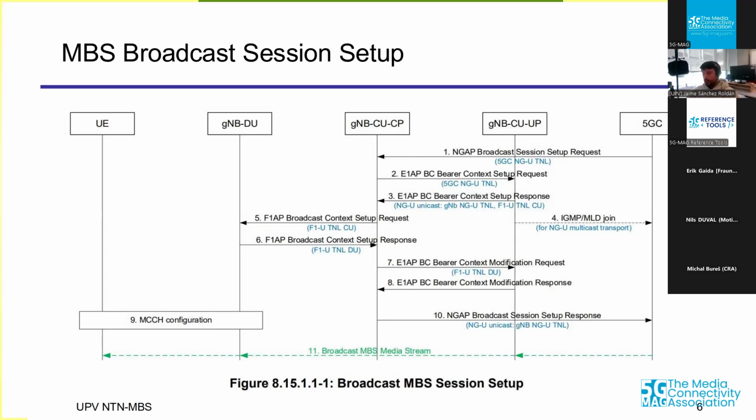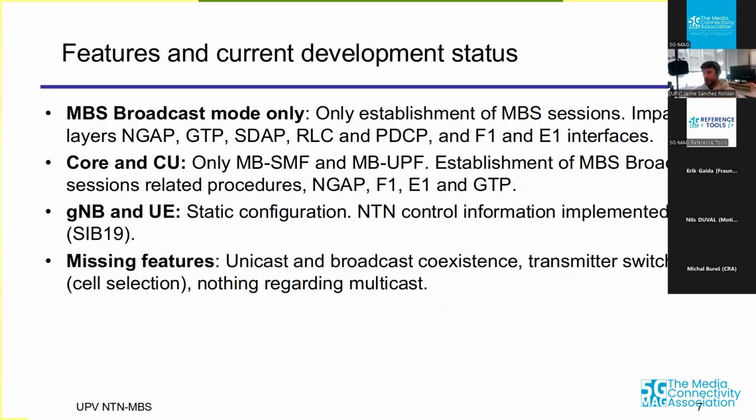For the moment, everything is static. Our implementation is only MBS broadcast, and it is only capable of establishing MBS broadcast sessions. That means that we need to add functionalities to NGAP, GTP, SDAP, RLC, and PDCP, and also to the interfaces F1 and E1.